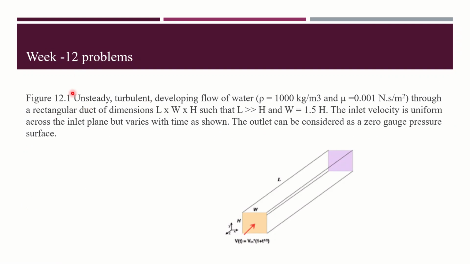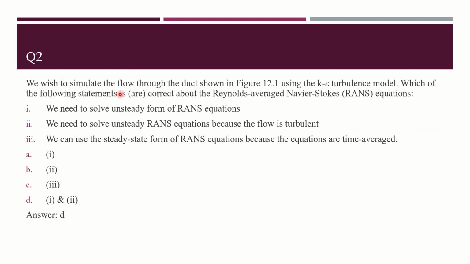The third statement is false because the flow is not a steady state problem, and because the equations are time averaged we cannot generalize that, since the problem is clearly stated to be an unsteady turbulent flow problem.